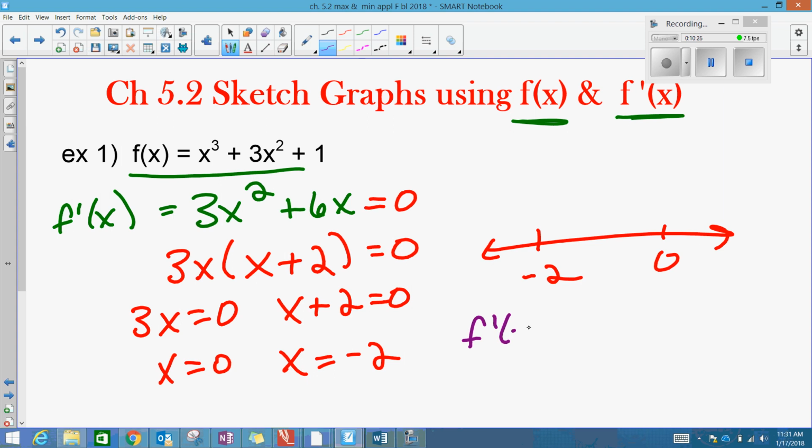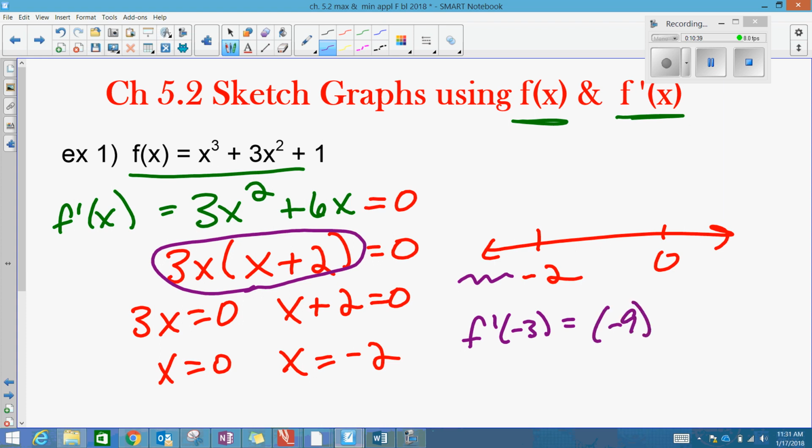So let's choose -3 for this first interval. It has to be less than -2. So if I plug -3 into my derivative, and I'm going to use the factored form because it comes out easier when you're just looking for positive and negative, that becomes -9 times -1, which gives me a positive. That's all I really care about, whether it's positive or negative. So it's increasing on that interval.